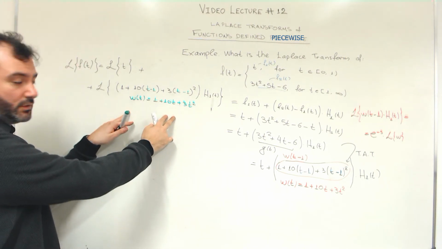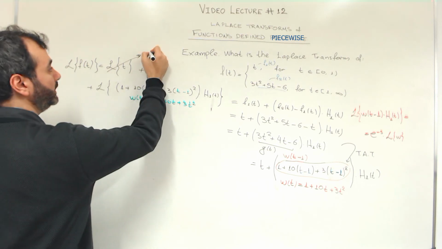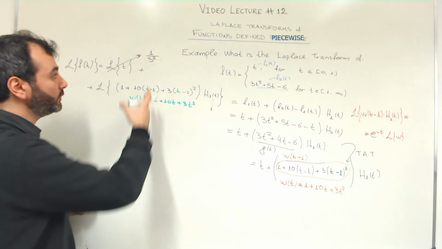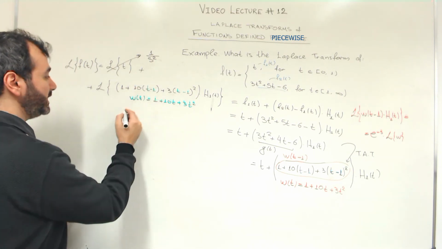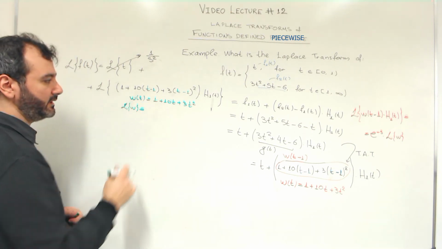Now first of all, what is the Laplace of t? We know that very well. It is 1 over s squared, defined for all complex numbers s with a positive real part. What is the Laplace transform of w? Let's write this here as a note.